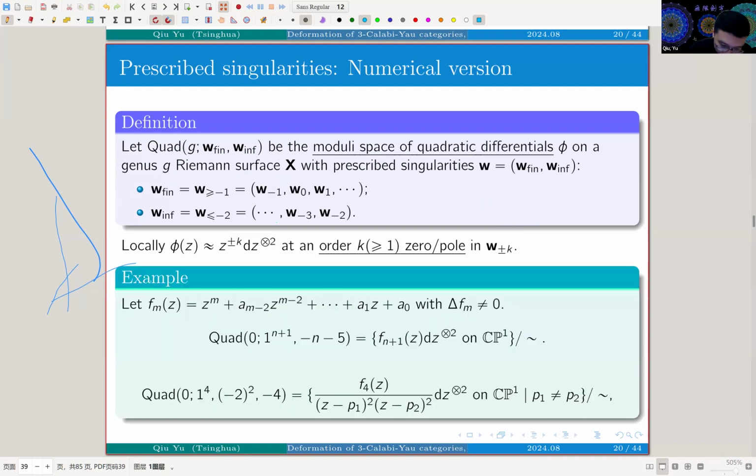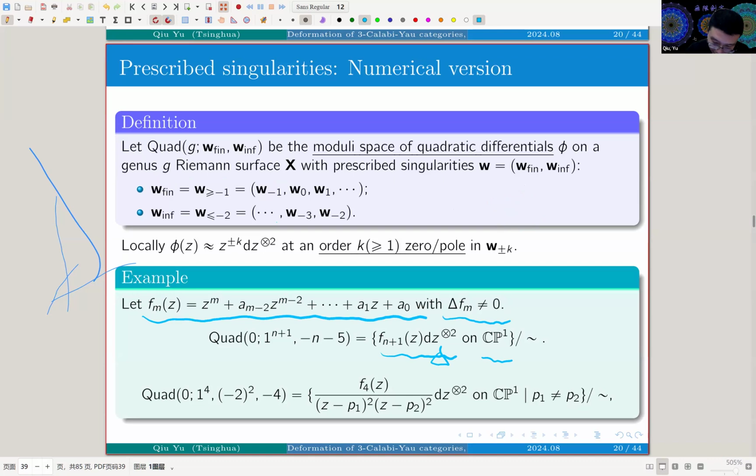So as I mentioned before, for example, if you take a polynomial and say the discriminant is non-zero, then you can consider this polynomial as a quadratic differential given by this global form on CP1. So I just write down this section of the cotangent bundle tensor square by this formula.